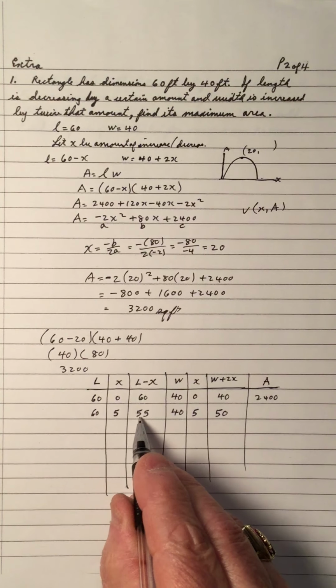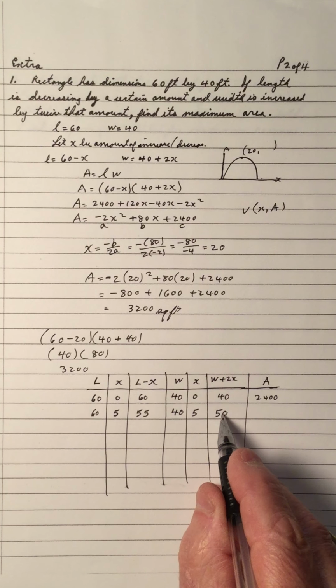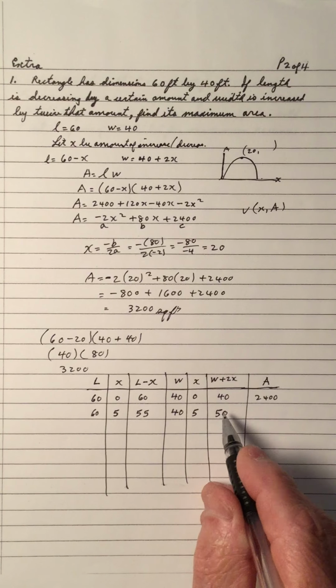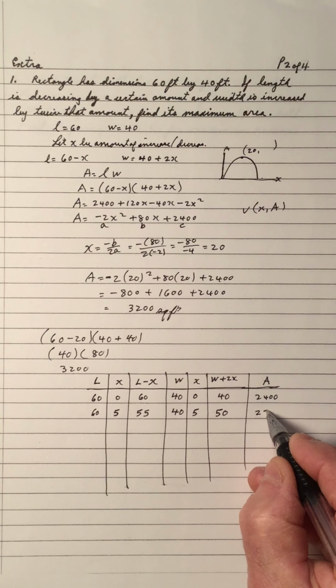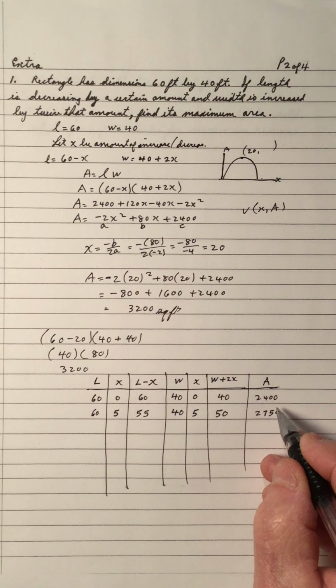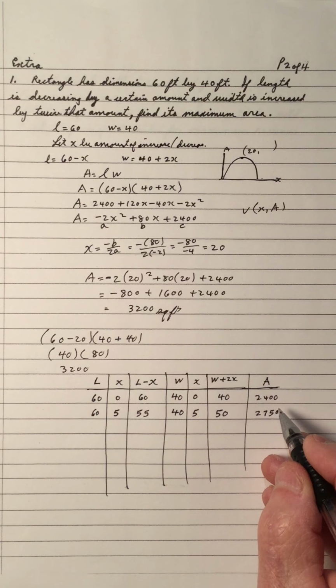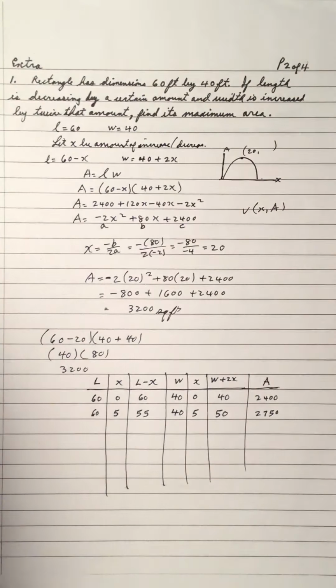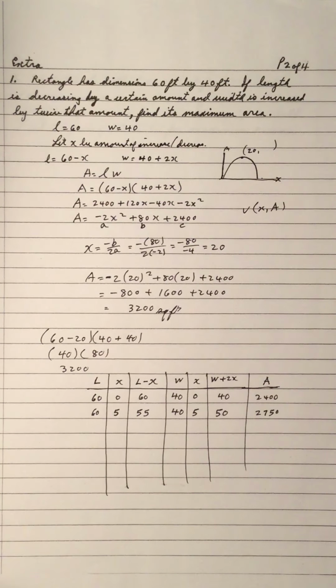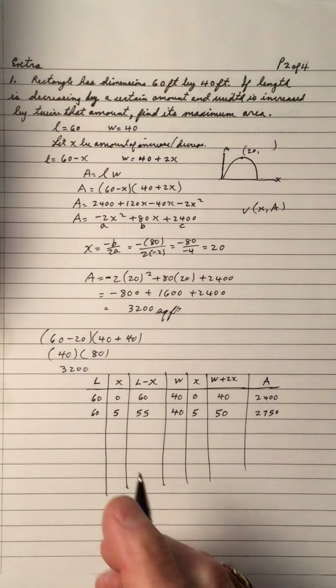And 55 times 50 is 2750. Just check with your calculator and you'll see that everything comes out okay. I'll just check with the calculator now very quickly just to make sure. So 55 times 50 is 2750, correct.